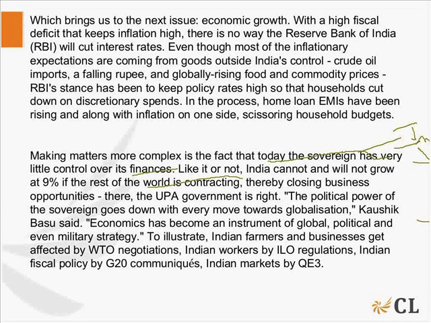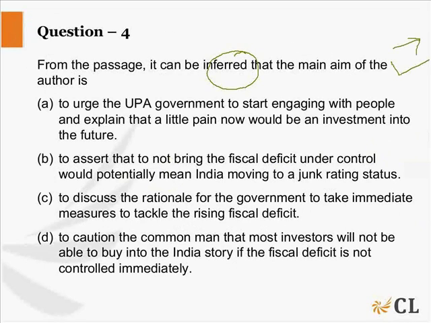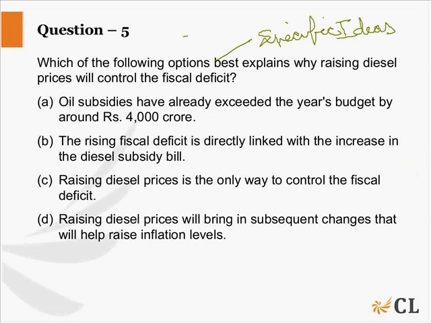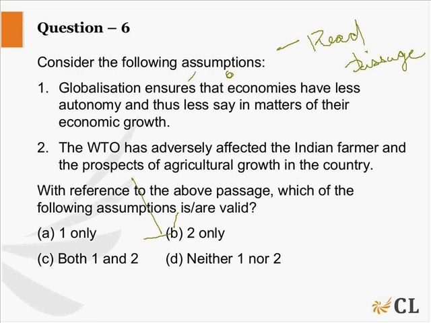Vaibhav again asks me about less control in the passage and less autonomy in question 6, option 1. Have less autonomy, right? So when I talk about autonomy, it's not about the difference of the mere word autonomy and control. Autonomy is the free hand that the government, that the economy, would exercise, right?